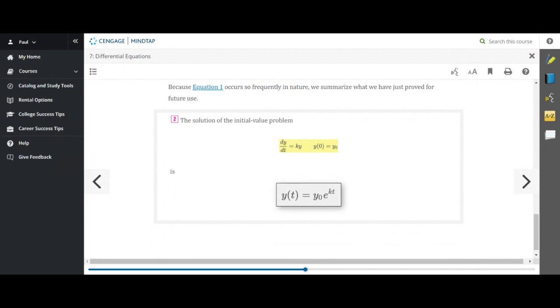Sometimes, for instance with Newton's law of cooling, which is example 4 in section 7.4, you can adapt that formula so that it works, so that the differential equation is like the one you see here. They show you how to do that in example 4. And in your homework for section 7.4, I believe most all the problems have a watch-it video or a help aid, so I think you're going to be fine.